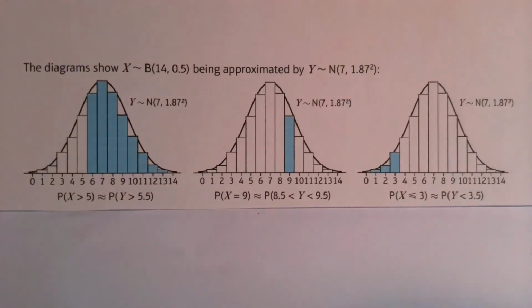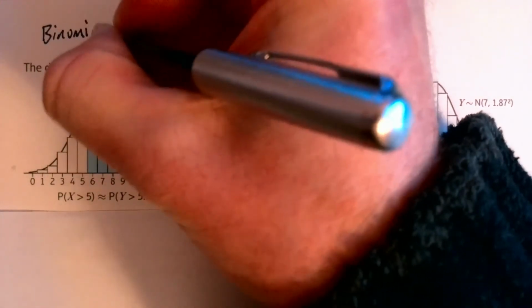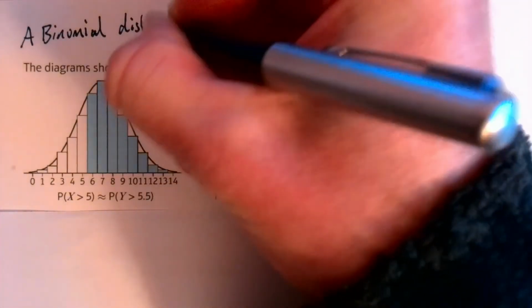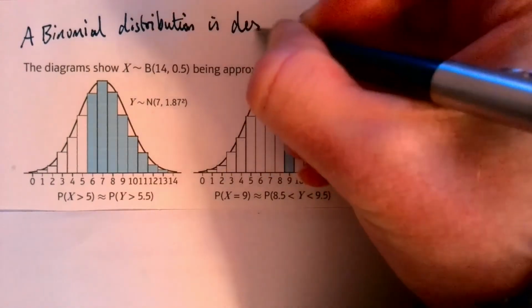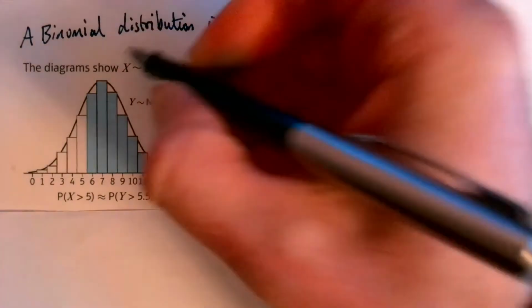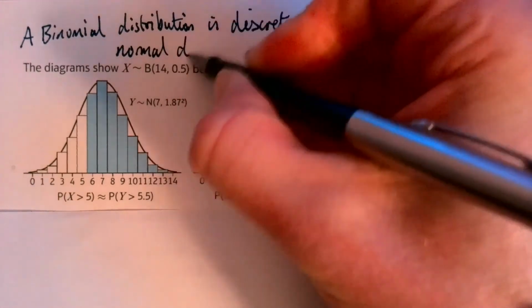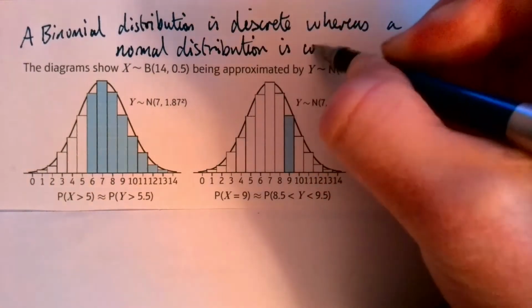Right, we've got 2 more examples to look at, but before we do, we need to think about the difference between the kind of data we've got when we've got a binomial distribution and a normal distribution. And the point of that is that a binomial distribution is discrete, whereas a normal distribution is continuous.